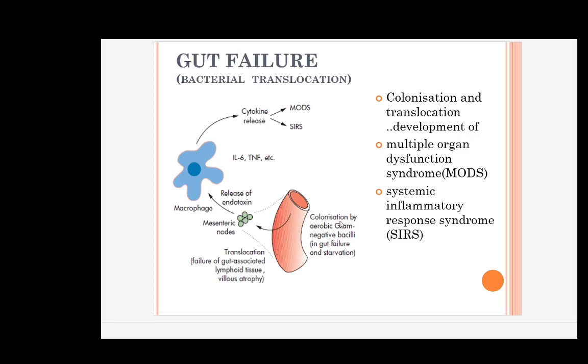Most of these patients can either develop sepsis itself, or, because of predominant release of cytokines only, there could be a MODS-like or SIRS-like situation, systemic inflammatory response syndrome. Along with systemic inflammatory response syndrome, if you have the infection, that would be called sepsis.